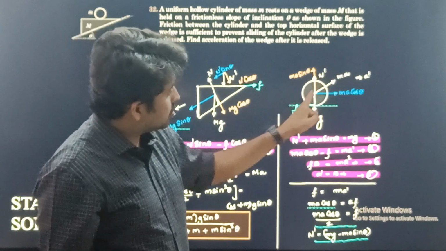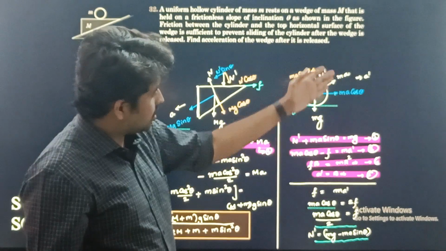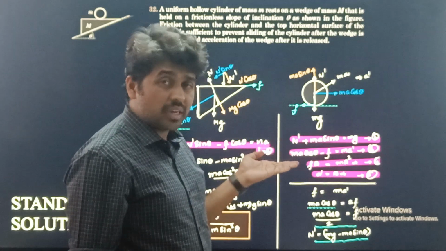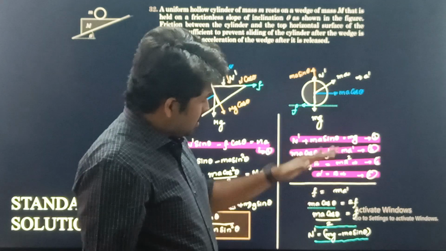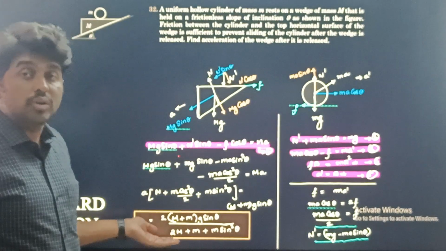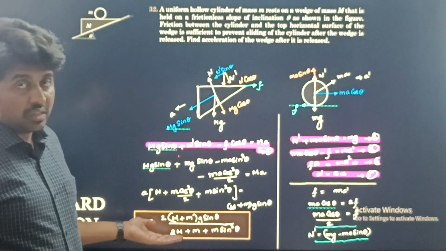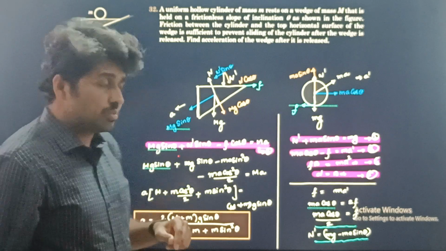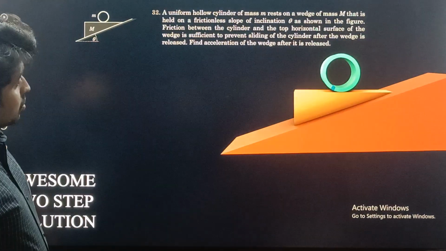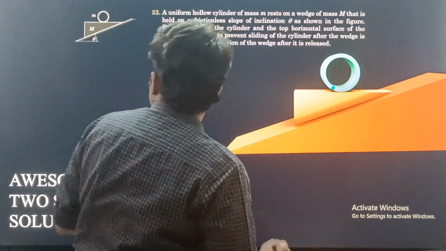So draw the pseudo force, write the normal, friction, and all this. After that, we write the force equation, the torque equation, and the no slip condition. We solve all these equations, and finally we do get the answer. Let us move on to the two-step solution now. Awesome solution. Let us go on to the solution now.